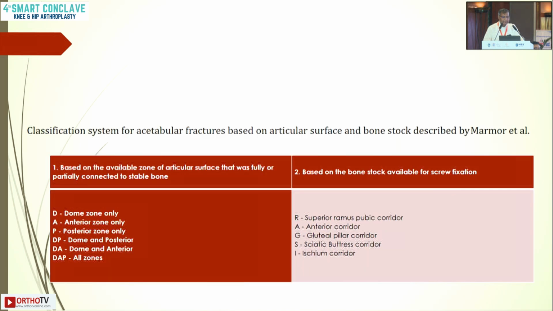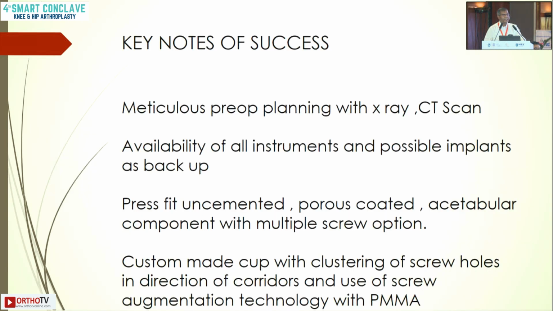And this is the dome zone, anterior zone, posterior zone, dome and posterior. These are the Marmor classification, which is very suitable for fixation of the acetabulum, and this is based on 3D CT scan or 3D CT printing. So in this case, I found that there was a posterior column fracture, the superior fixation, and even the ischial corridor fixation was achievable.